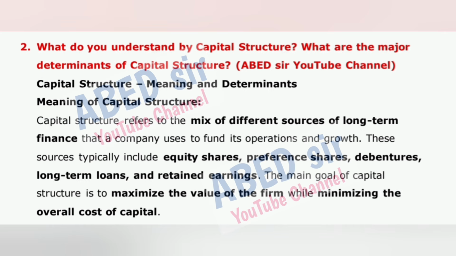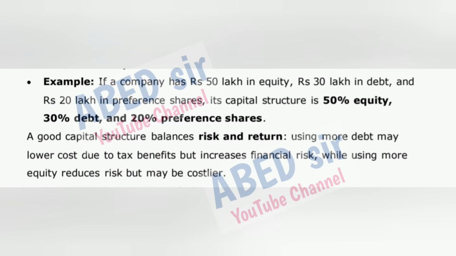The main goal of capital structure is to maximize the value of the firm while minimizing the overall cost of capital. Example: if a company has 50 lakh rupees in equity, 30 lakh rupees in debt, and 20 lakh rupees in preference shares, its capital structure is 50% equity, 30% debt, and 20% preference shares.